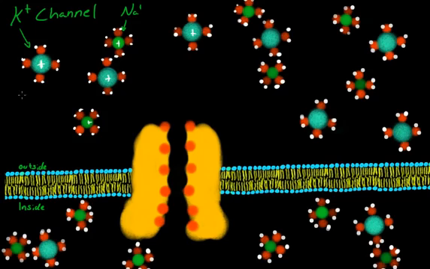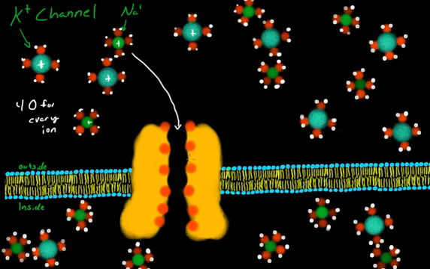And we're going to say that you need 4 oxygen atoms for every ion. This is an oversimplification, but we're just doing it to show how it works. So now, this sodium needs to have 4 oxygens attached to it, and it can't easily fit through here.